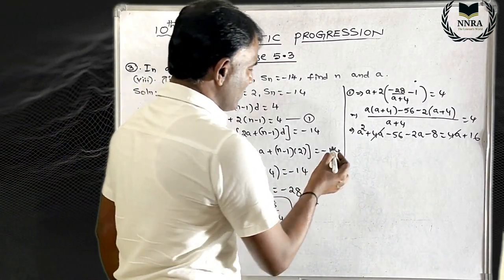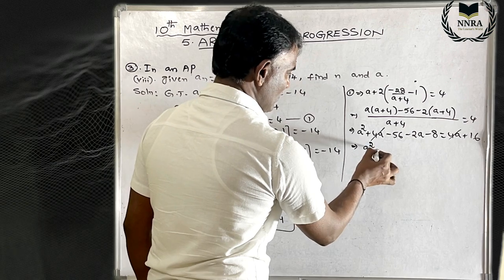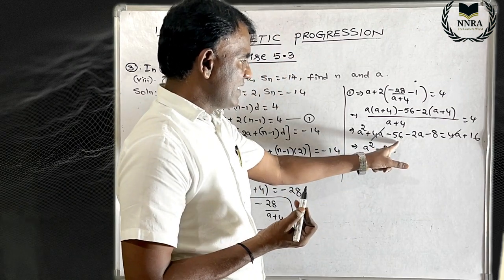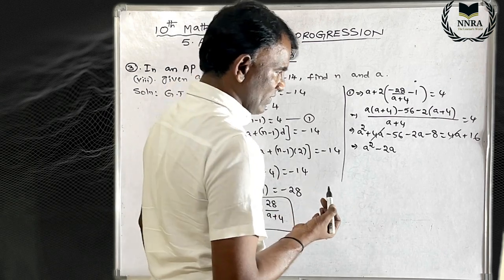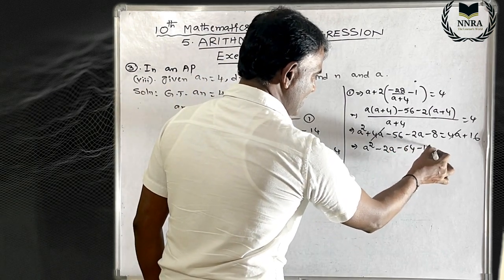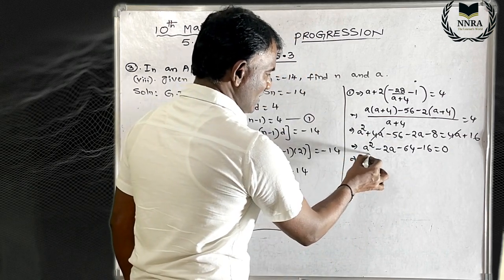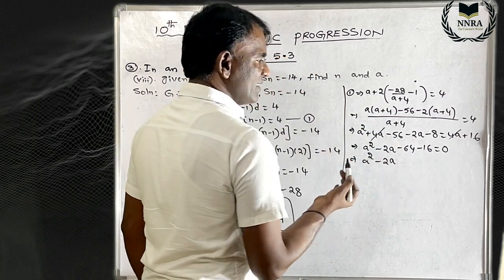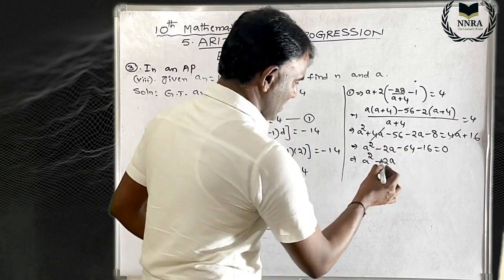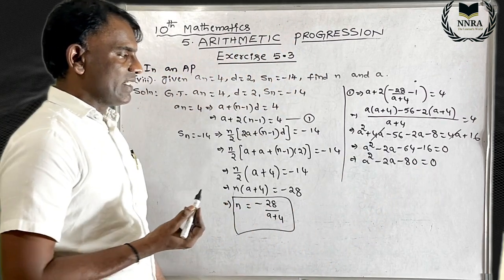Now what is the remaining value here? So a square, minus 2a, then minus 56 minus 8, minus 64. So minus 64, if you write the 16 this side, we get minus 16 equal to 0. Then a square minus 2a, then 64 plus 16, that is 80. So minus 80 equal to 0. Now what are the factors for that?